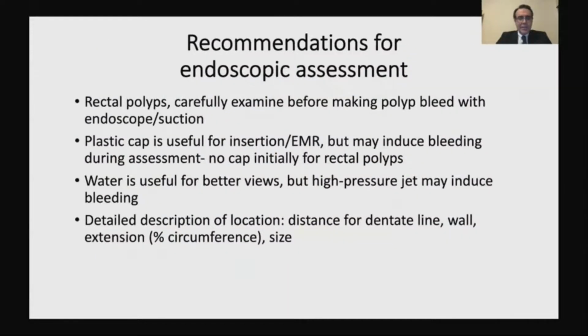When we know that there's a rectal polyp, we have to look after it very much, especially until we have evaluated it correctly. So let's be very careful with the rectal examination, and mainly when we pass the endoscope to assess the polyp, let's pass it very carefully. If we make it bleed, we won't be able to see the pit pattern or to do a proper evaluation. Let's be careful with the water jet, not applied with high pressure, just on the polyp site.